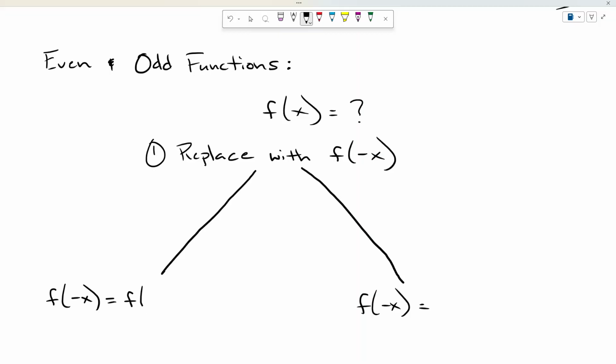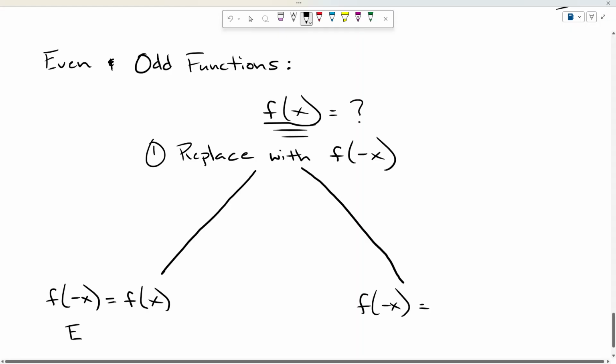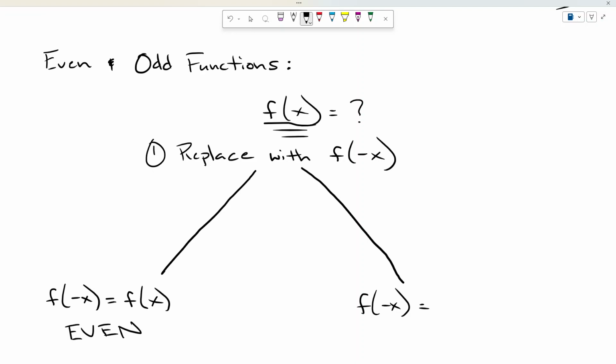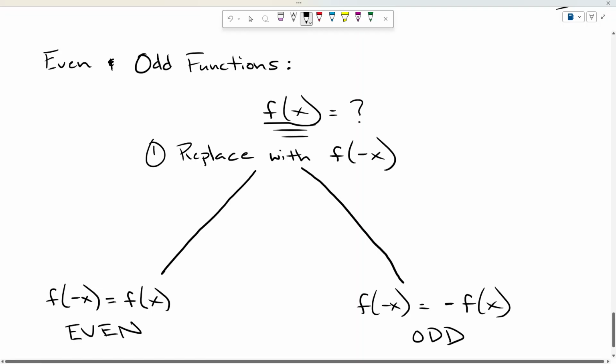If it comes out and equals f of x, if it equals the original equation, then we would say that this is an even function. We replace f of x with f of negative x, we simplify it. If that equates to negative f of x, that is an odd function.